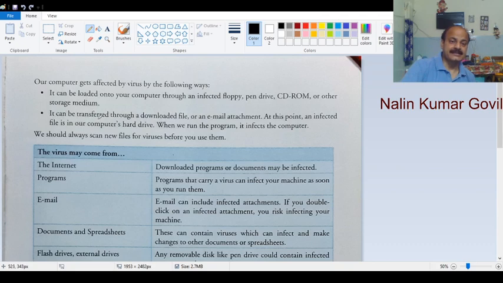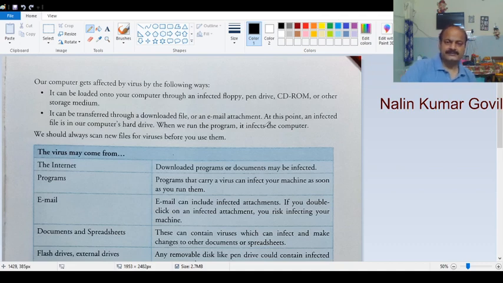Second, it can be transferred through a downloaded file or an email attachment. When you connect your computer system to the internet and download any file or software, or you open your email and open a file, maybe this file contains a virus and the virus can enter your computer system.